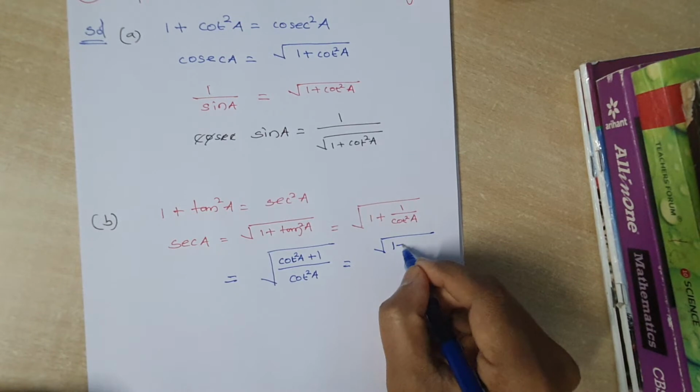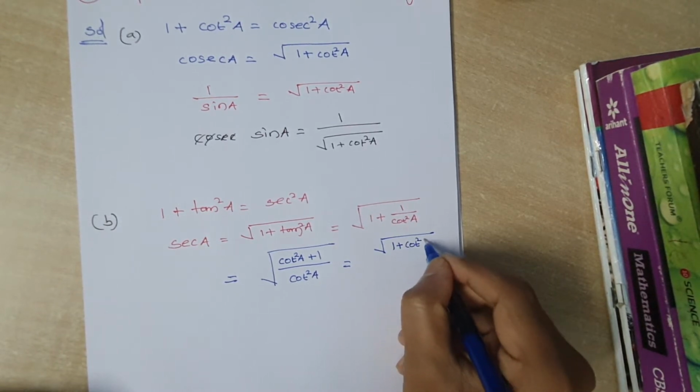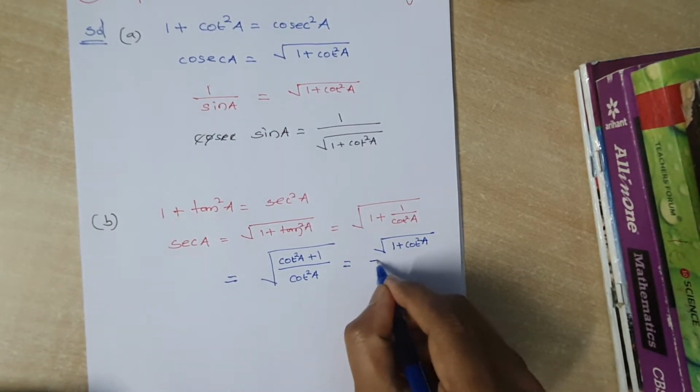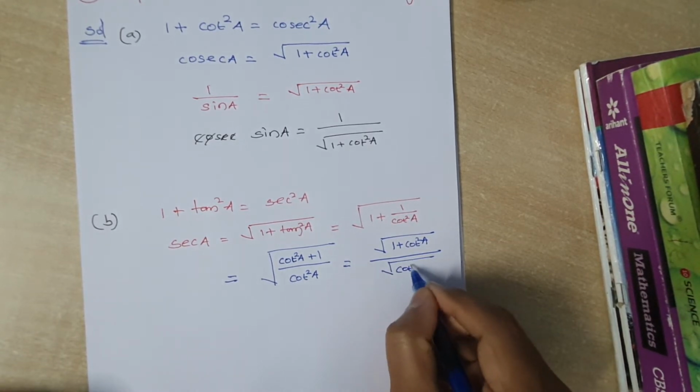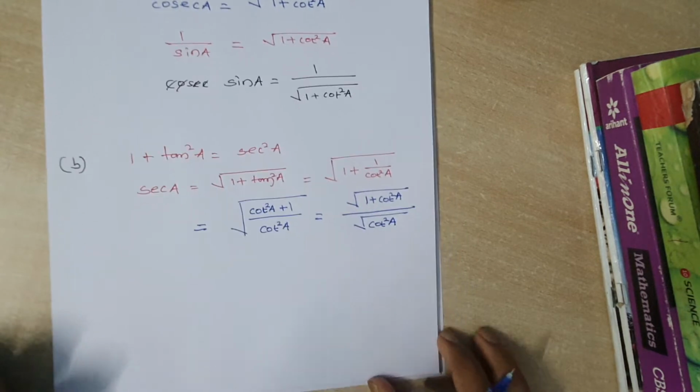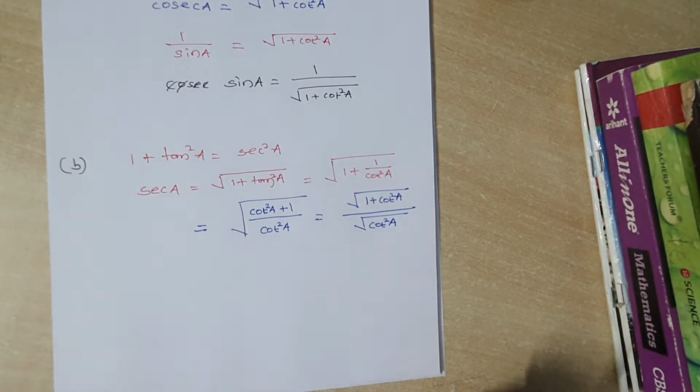So we can write it as square root of 1 plus cot square A over square root of cot square A. It looks nice. Both ways are correct. So square root and square cancel. Cot square A means cot A into cot A.